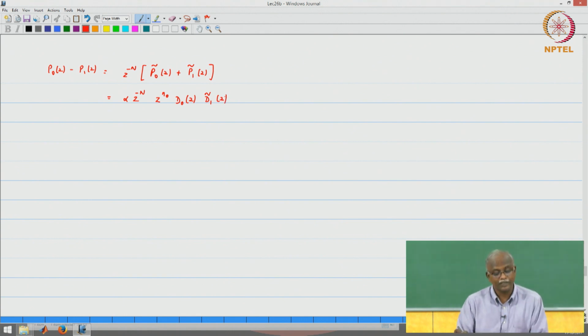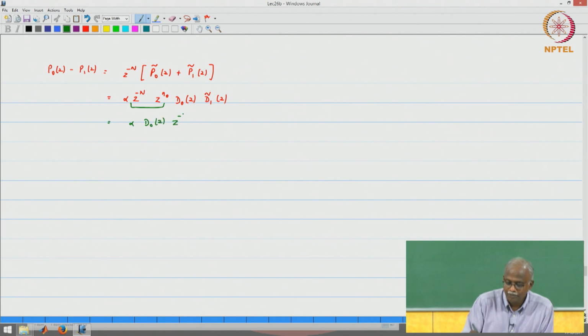So, combining these two, you find that what we get is alpha d naught of z, z power minus n1 d1 tilde of z, very nice. Okay, that is a nice expression that we have been able to get.